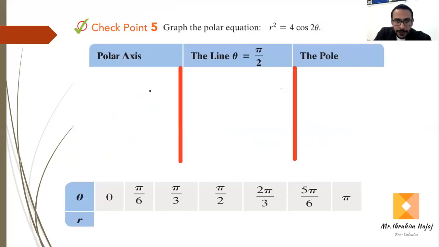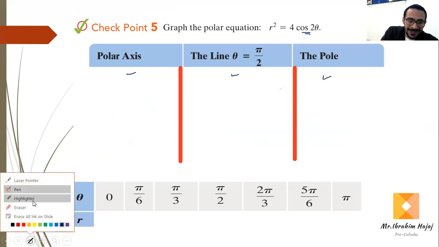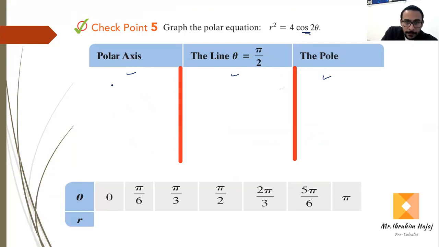For example, let's solve here. Because it's a cosine, it's symmetric about the pole, the line, and the polar axis. Let's test the symmetry of this equation: r squared equals 4 cosine 2 theta. For the polar axis symmetry test, we replace theta by negative theta.